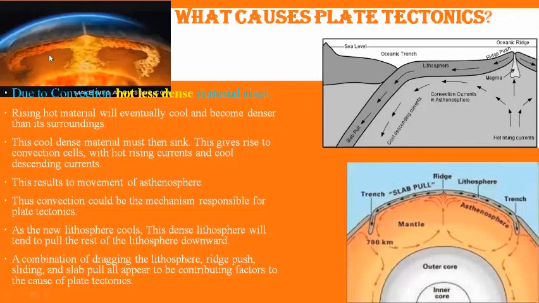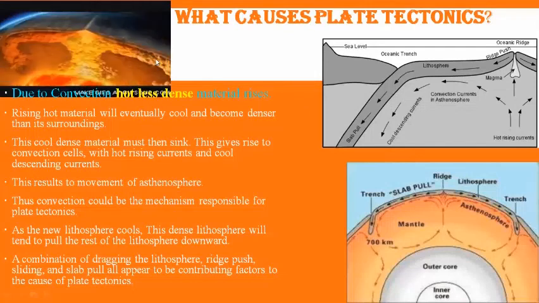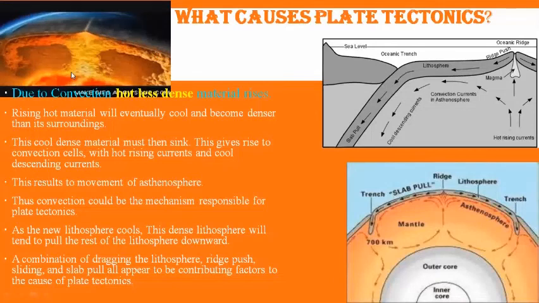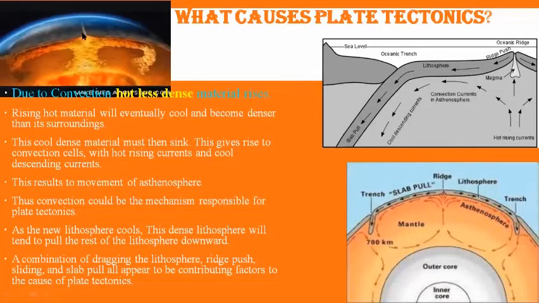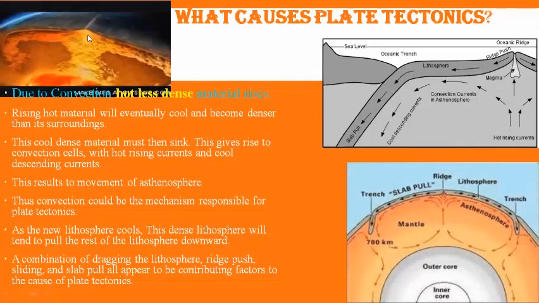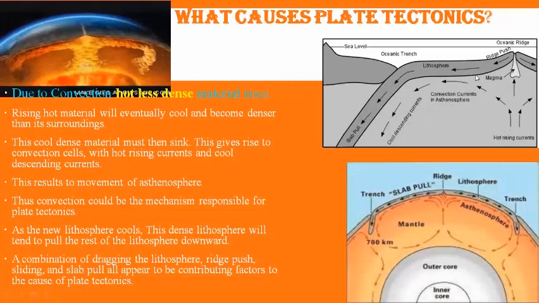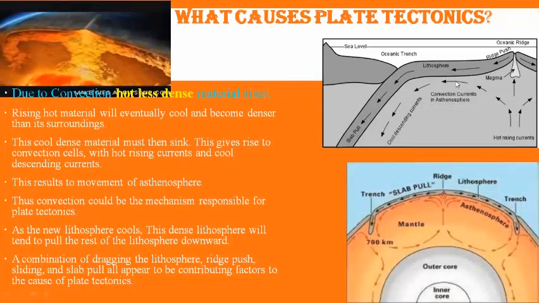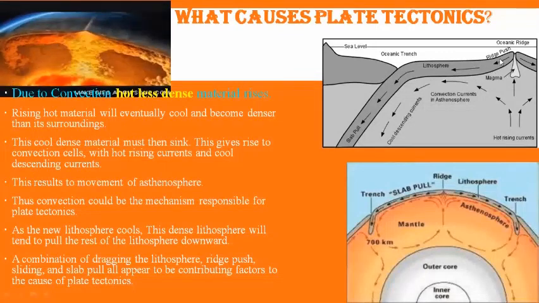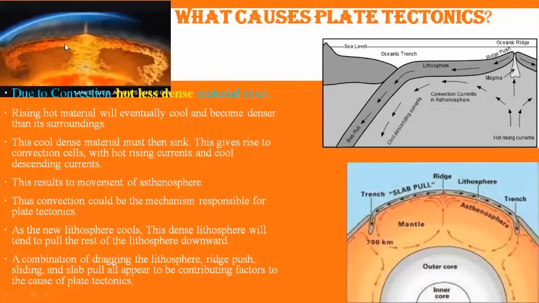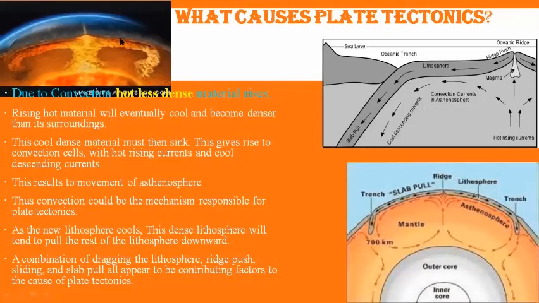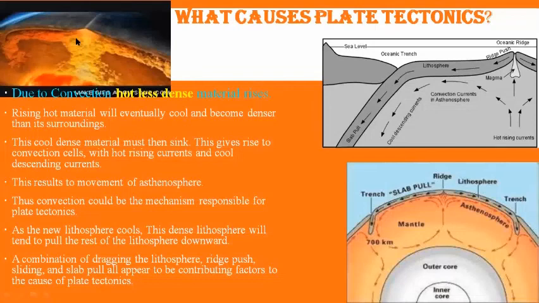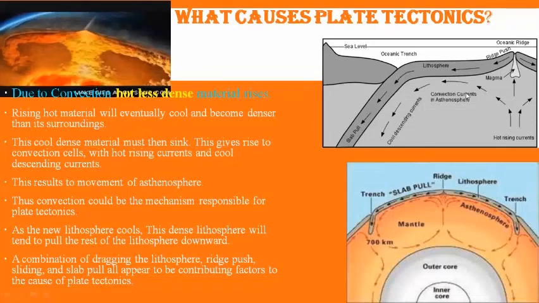When it expands to either side, it will cool from the surroundings. Hot magma is coming up, and over here the temperature is much lower, so it will cool and go to either side. So these materials will sink.